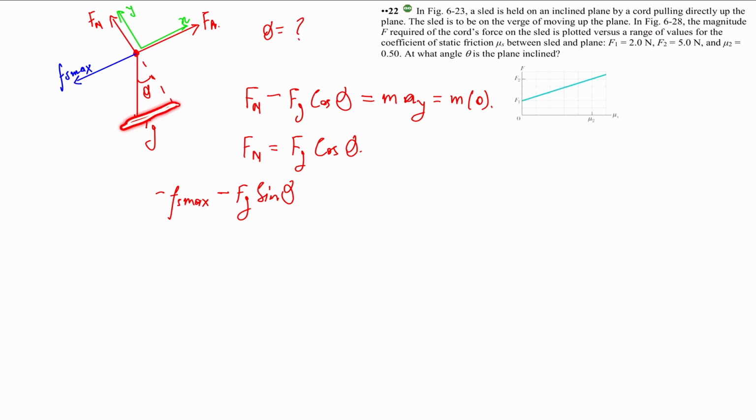This side is the opposite of that triangle, or it's opposite to that angle. And then finally our third force is going to be Fa. Fa is equal to m times acceleration in the x direction. But remember, we're on the verge of moving. We're not moving yet. What can we conclude? Since we're not moving yet, our acceleration in the x direction will also be 0.